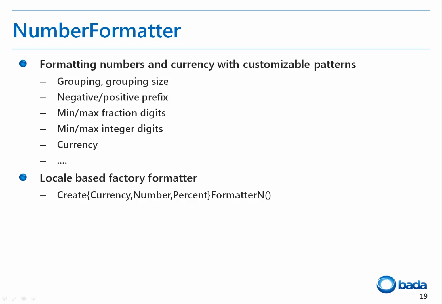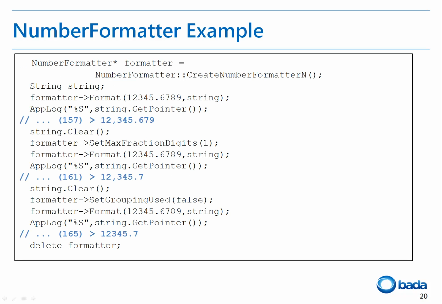The supported patterns include grouping, grouping size, negative number, prefix for positive numbers, minimum or maximum decimal places, and the minimum maximum integer places and currency mark. The Create Currency Formatter, Create Number Formatter, and Create Percent Formatter functions are provided so that you can get an appropriate number formatter by specifying the locale.